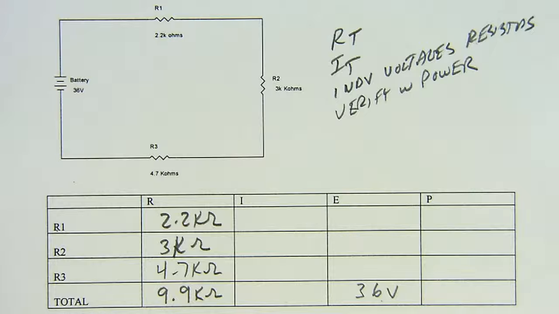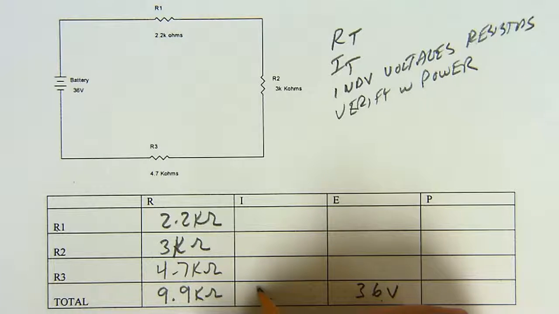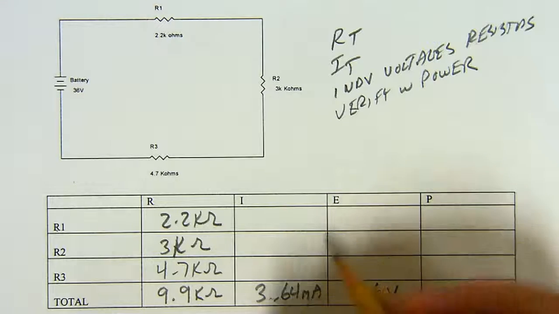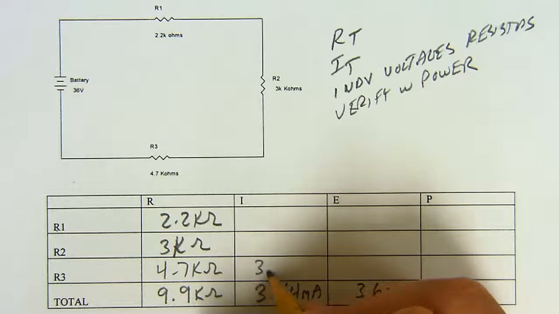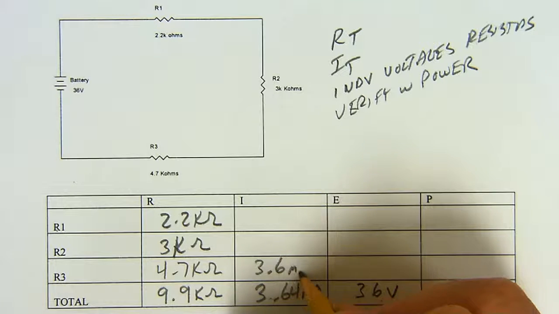And what do we get for that one? Total current, yep. 3.64 milliamps. And what do we know about current in a series circuit? It's the same everywhere, sir.